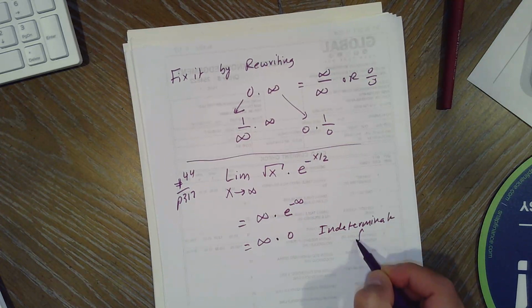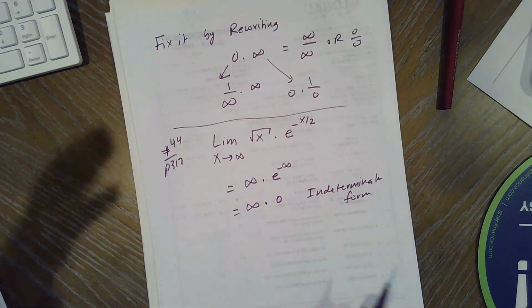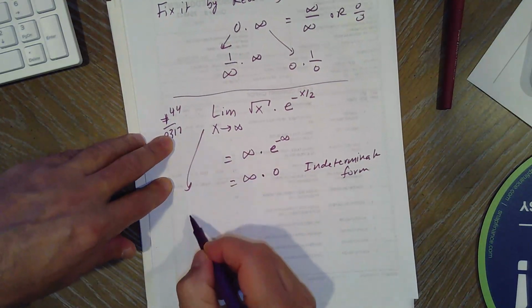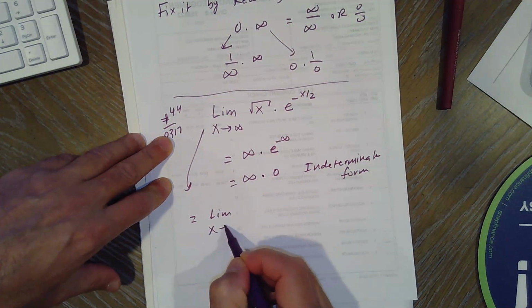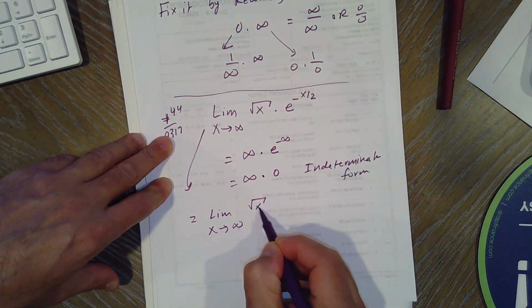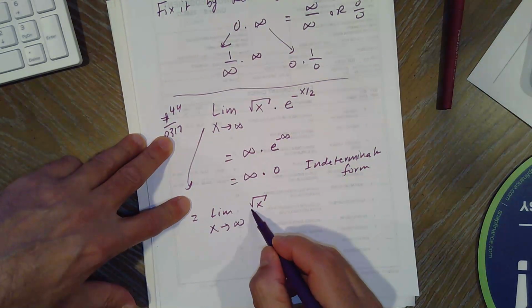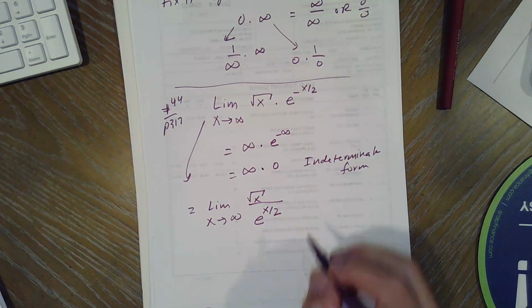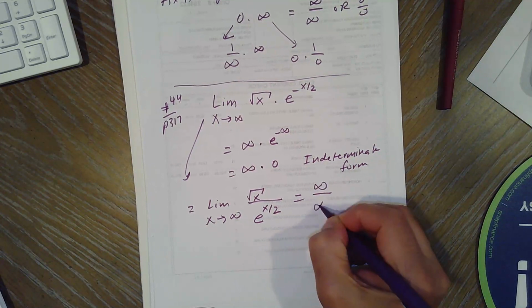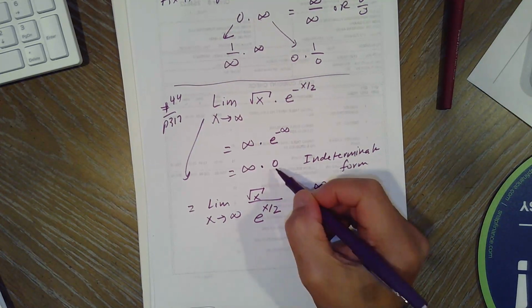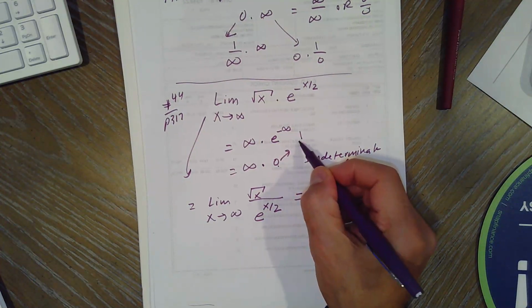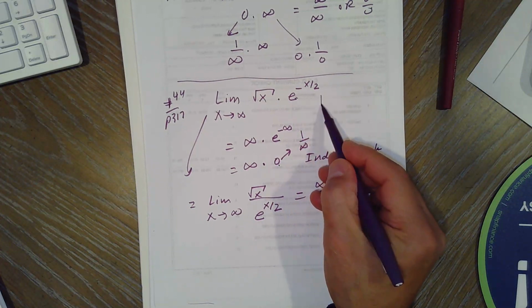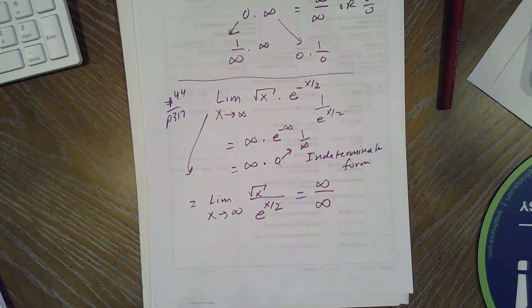To fix it, we can use L'Hopital's rule. We're going to write this as a limit as x goes to infinity, square root of x. Instead of having e to the negative x over 2, we write it at the bottom as e to the x over 2, and now we have infinity over infinity. So we basically changed the 0 into 1 over infinity by putting this under 1.